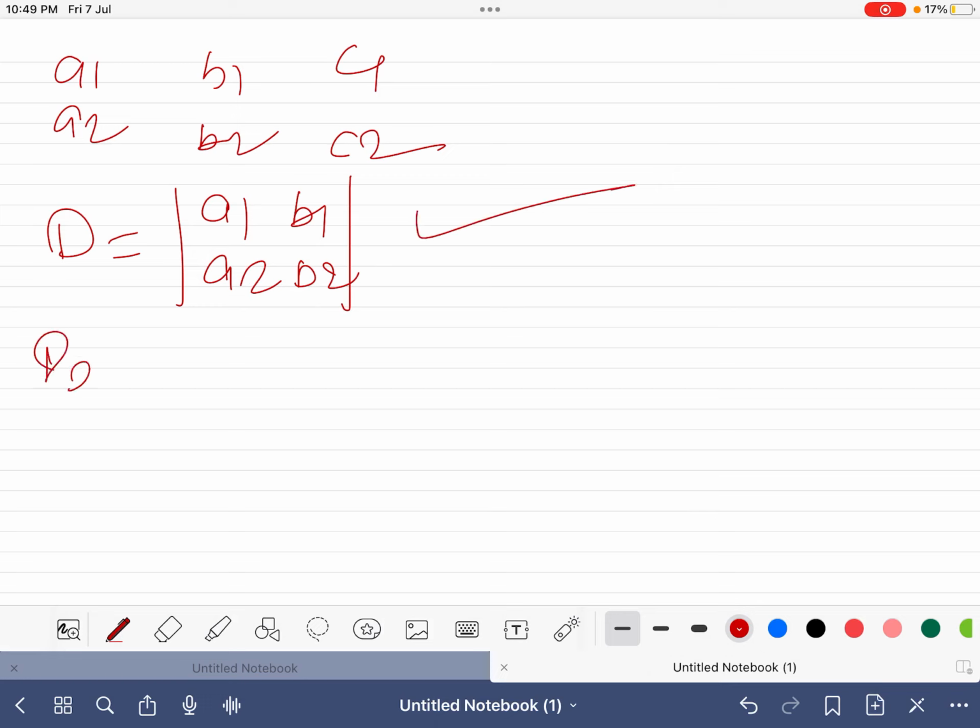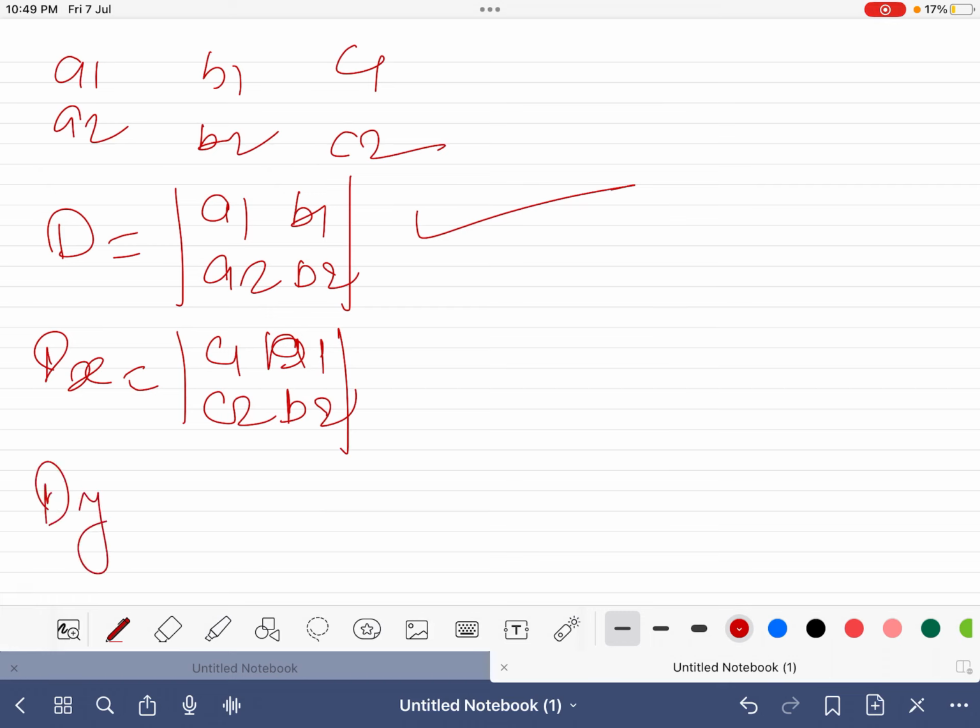Next, dx is nothing but c1 c2 b1 b2, and third, dy is equal to a1 a2 c1 c2.